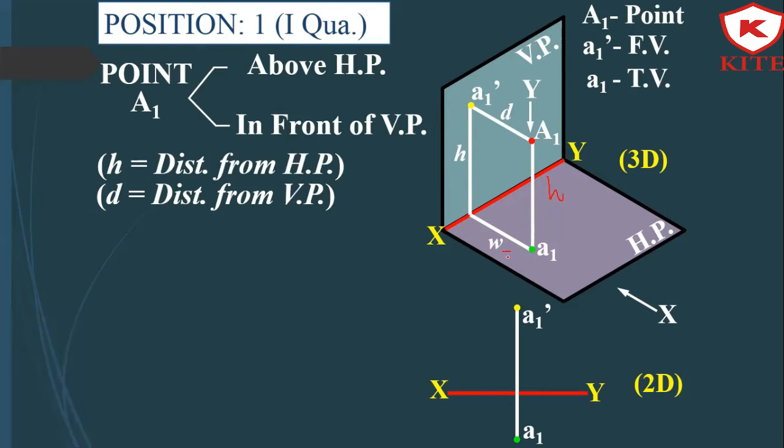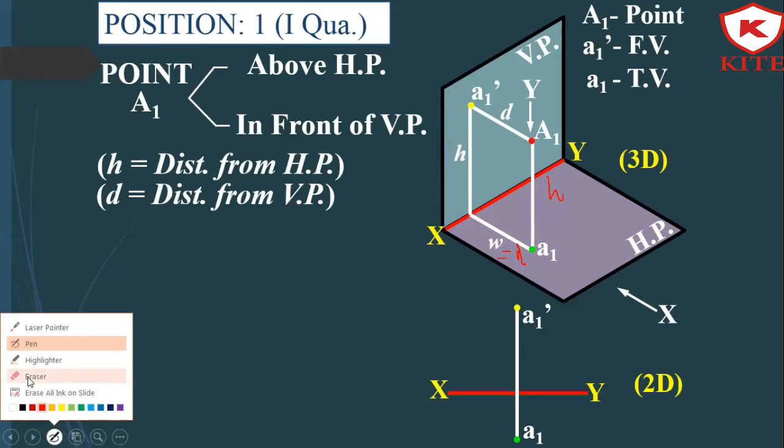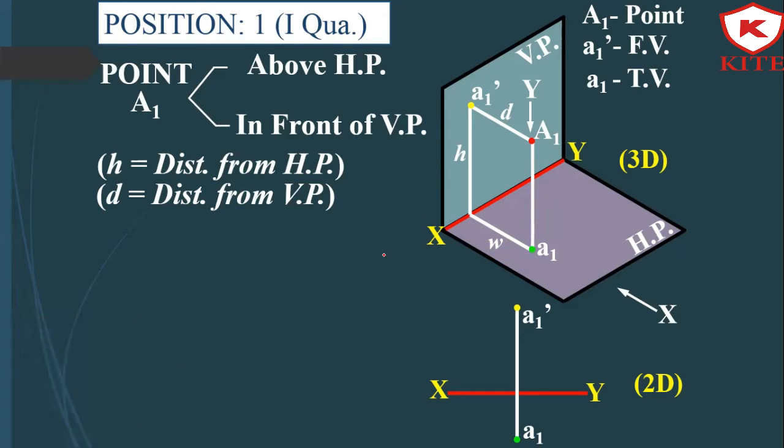Here D is also equal in both. Next, H and D. So what we do here is simply rotate this plane by 90 degrees in the clockwise direction to get the result.